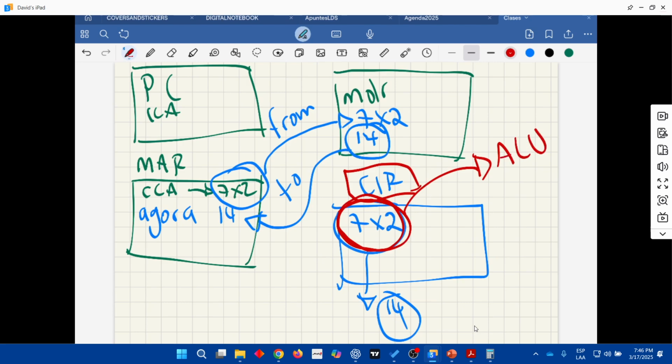So remember that the ALU is called the arithmetic logic unit, is the one that is going to execute all the math operations and the logic operations. So the ALU is going to perform the multiplication. And the result of that multiplication is going to be stored in the ACC.